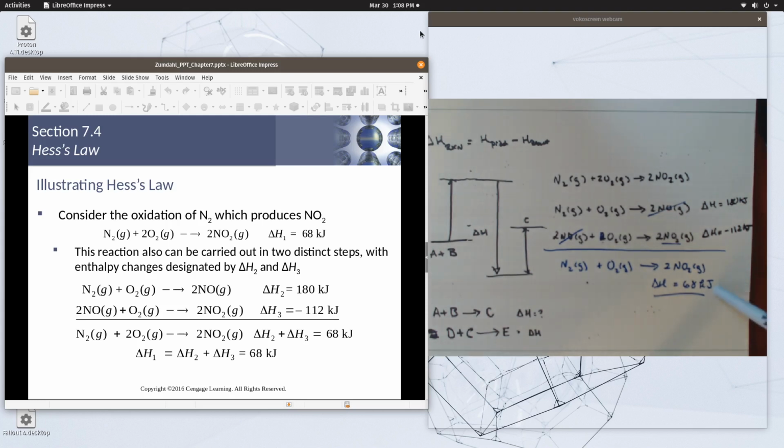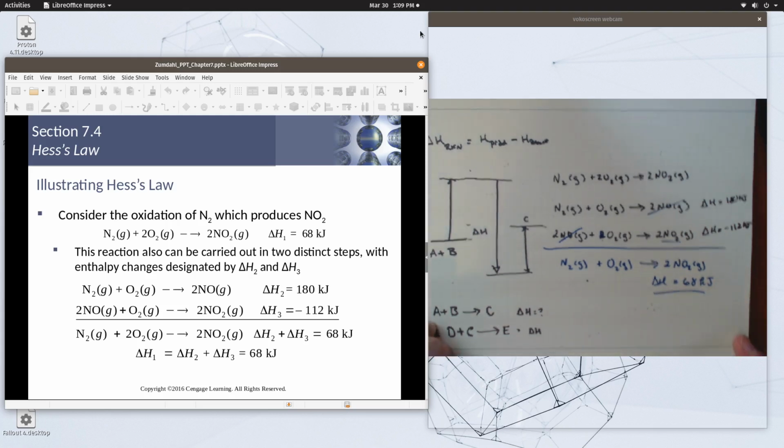Now, it's important again to keep in mind that this is a quantity dependent number. If I double the moles, if I had 2 moles here and 2 moles of this to get 4 moles, it would require twice this, right? 136 kilojoules.